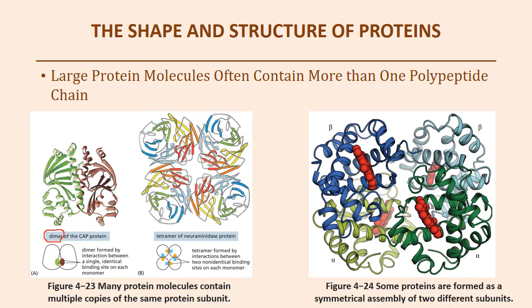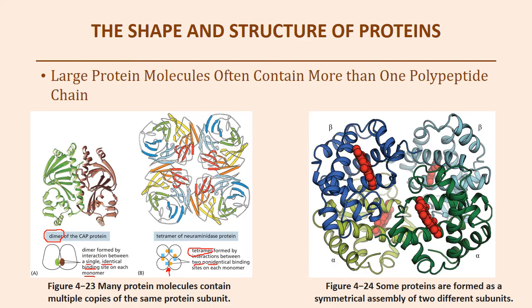So it's only a single identical binding site for each monomer. That means there's only one other item it can bind to. So then you make a dimer. On the other hand, you can have what we call a tetramer. A tetramer is when you have binding sites that will allow non-identical subunits to interact with each other. Hence the use of the square and the circle to indicate the fact that you are binding non-identical subunits to each other.